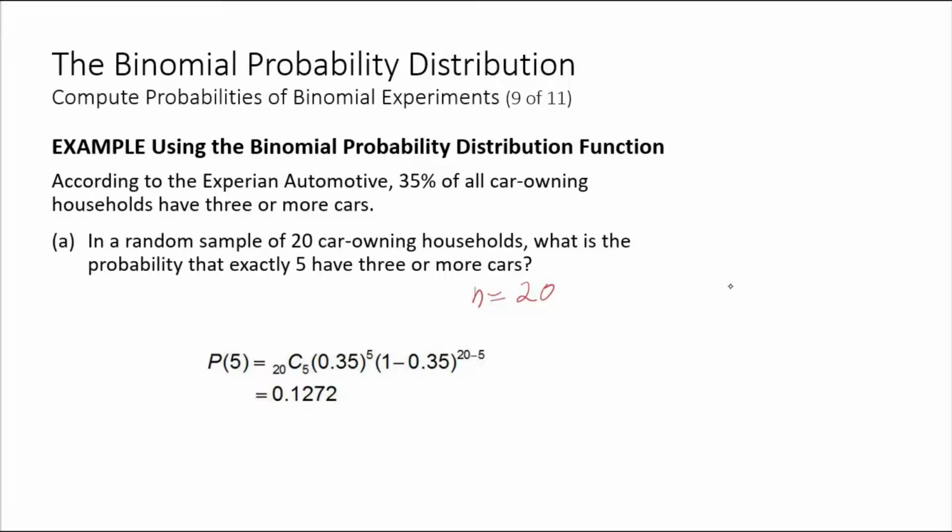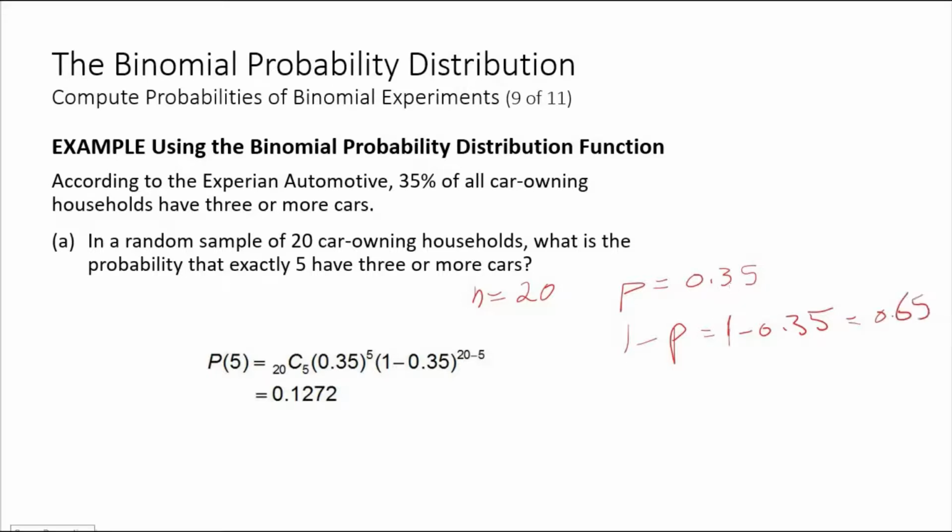We know that the probability of success, that is a household owning 3 or more cars, is 35%, which is 0.35. So the probability of failure is 1 minus p, which is 1 minus 0.35, and that is equal to 0.65.